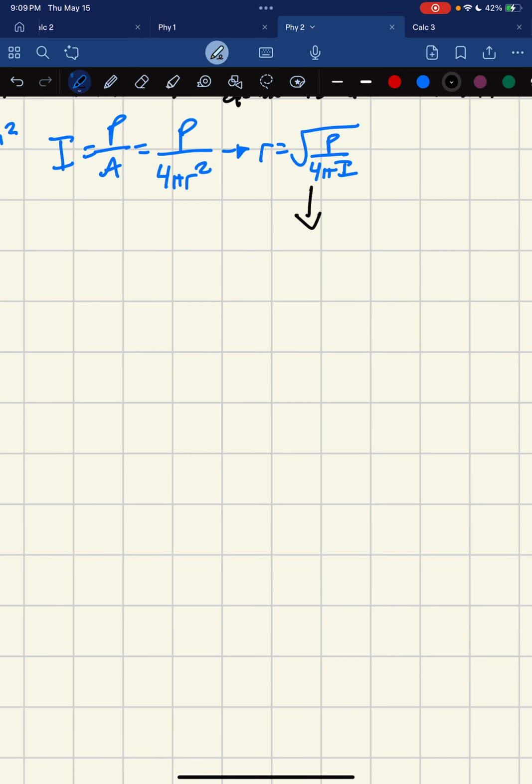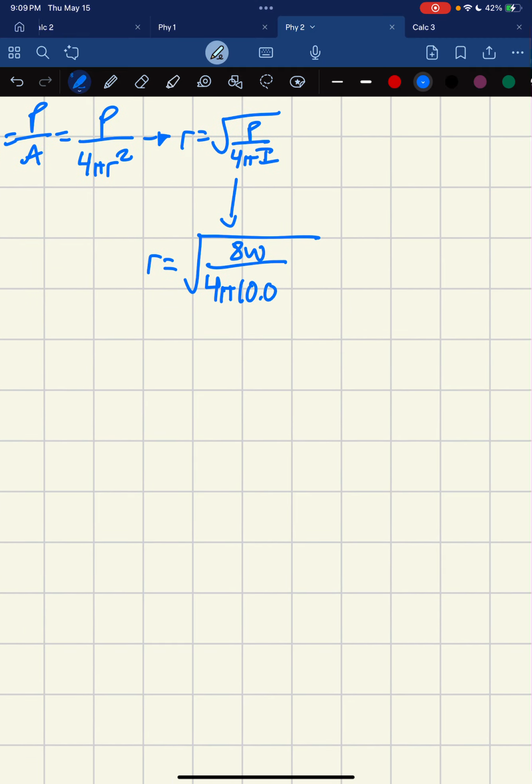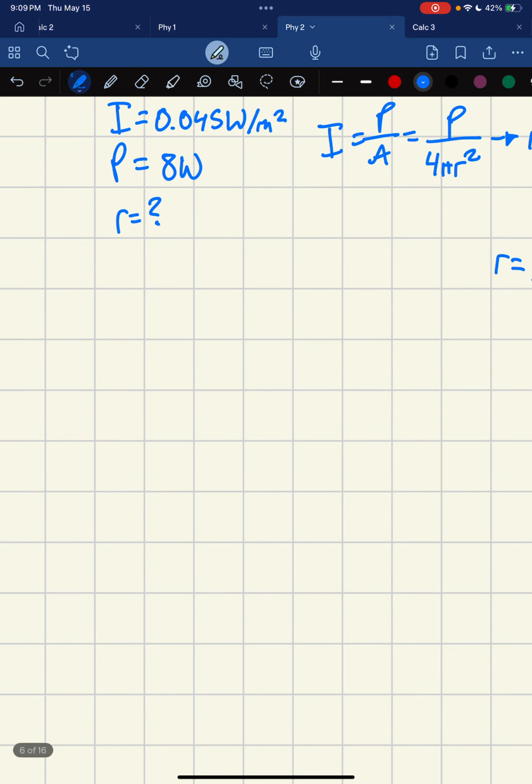So, plugging in my known values, I have R is equal to the square root of 8 watts divided by 4 pi, and then the intensity of sound is 0.045, right?